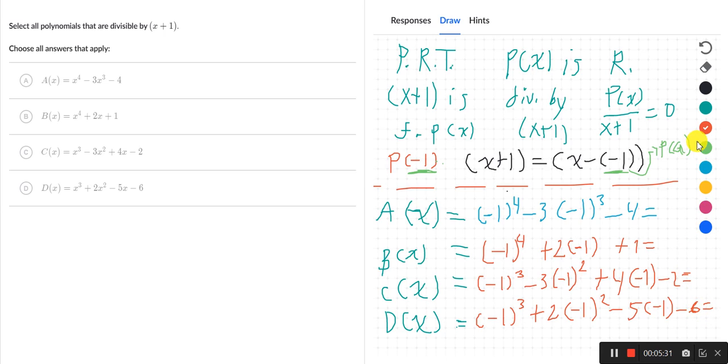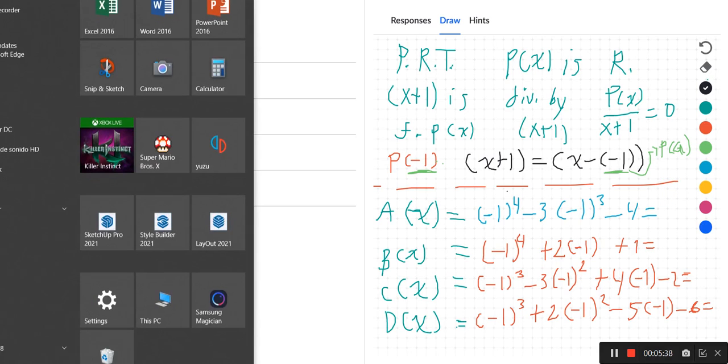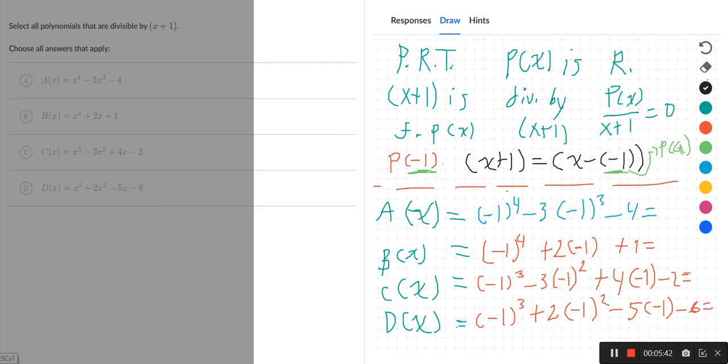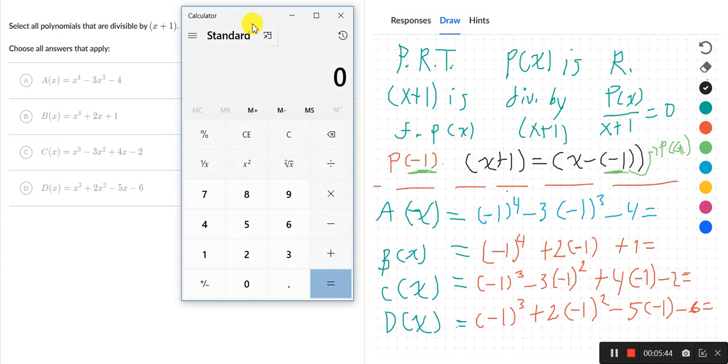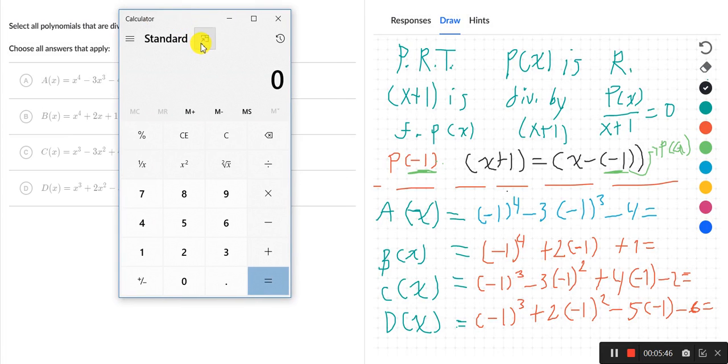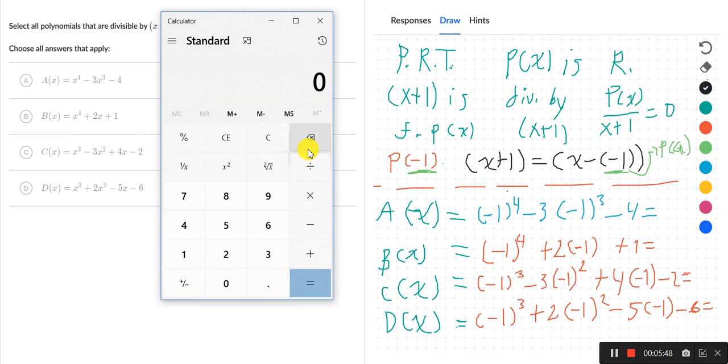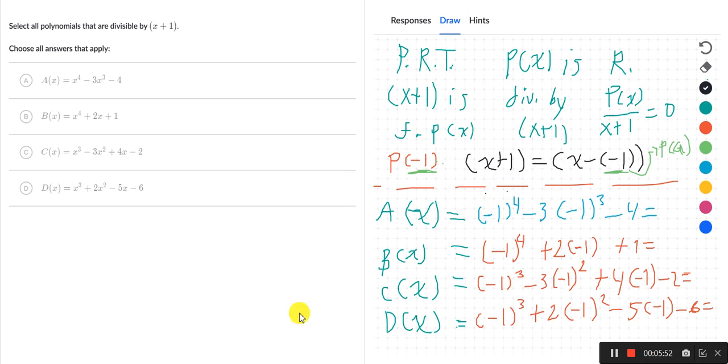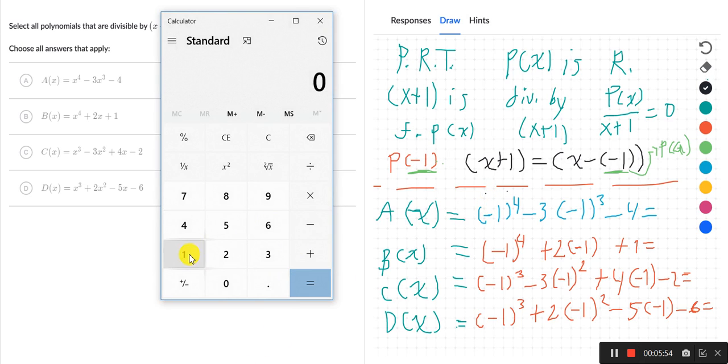Now we just need to do a little bit of arithmetic to find the solution to our problem. Let's take a look at the first one. I know that it's going to be 1.